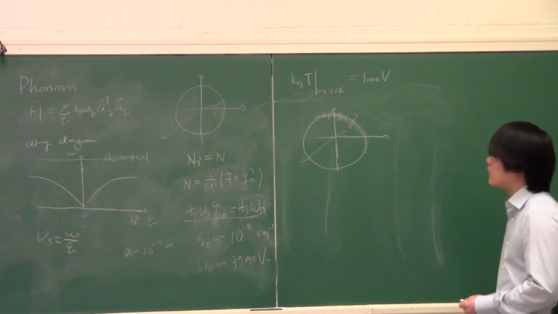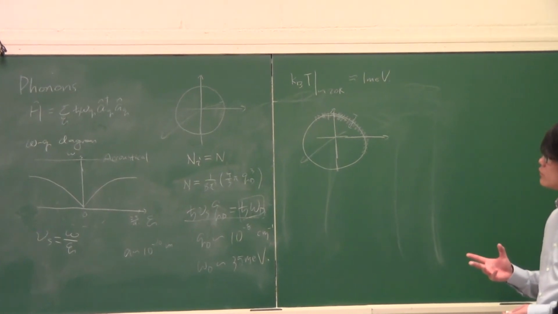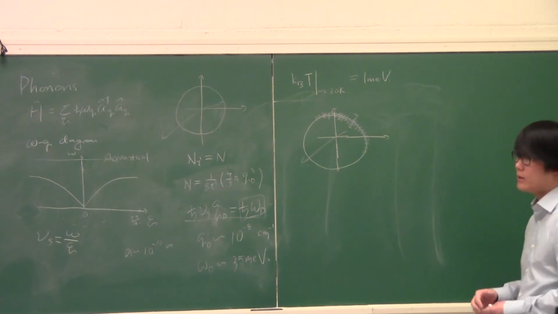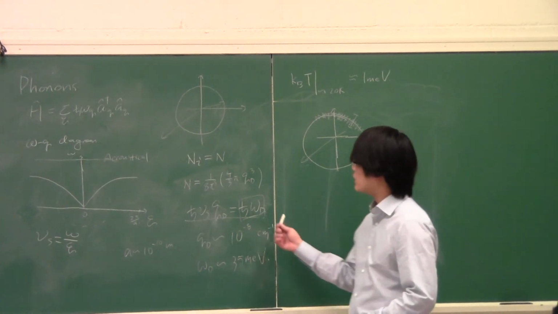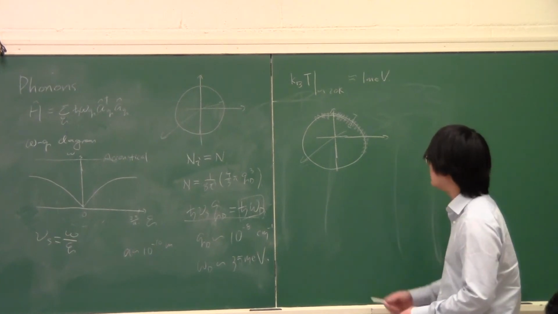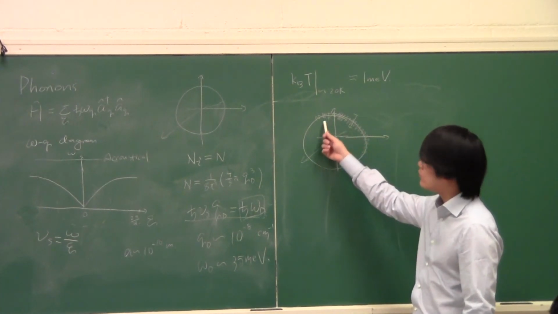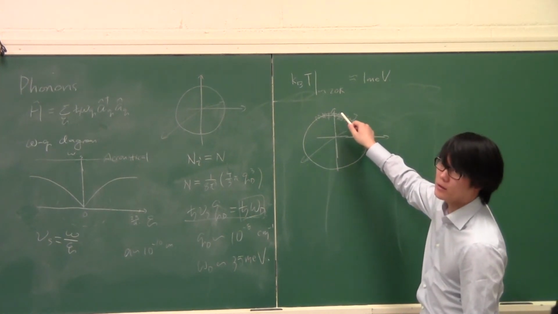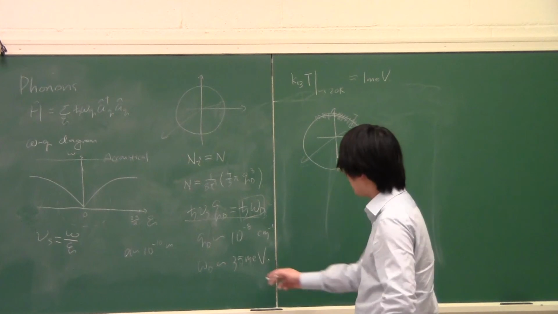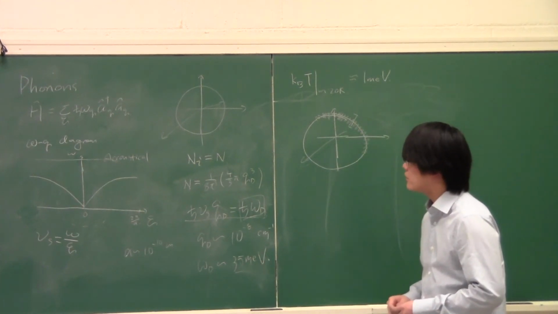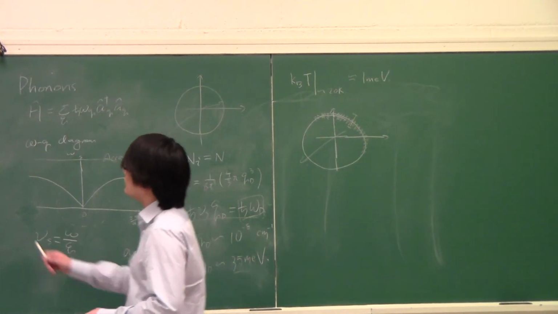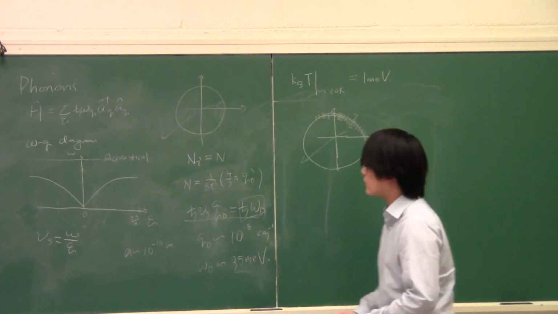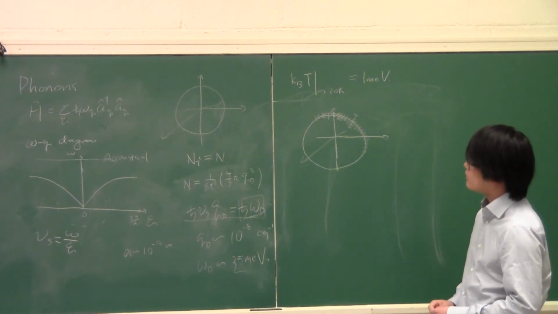So this is how we should describe the electrons in a metal at this temperature when we consider lattice vibrations. So it's still a mostly frozen Fermi sphere with some uncertainties as to which are on the boundary. And that uncertainty is of the order of 35 millielectron volts, whereas the Fermi energy is roughly in the order of electron volts. So this is the energy scale that we're thinking about.